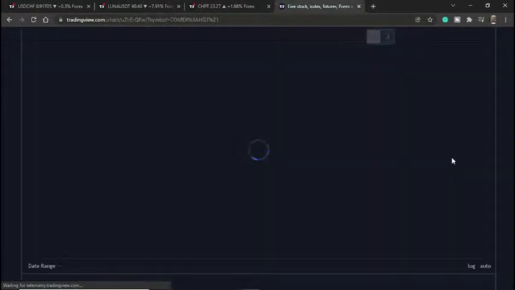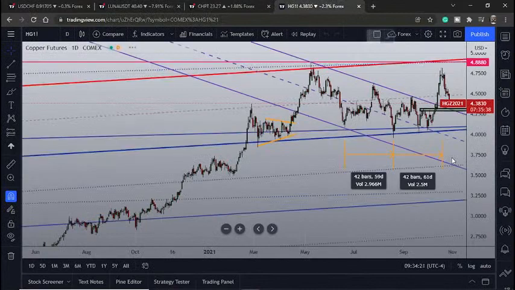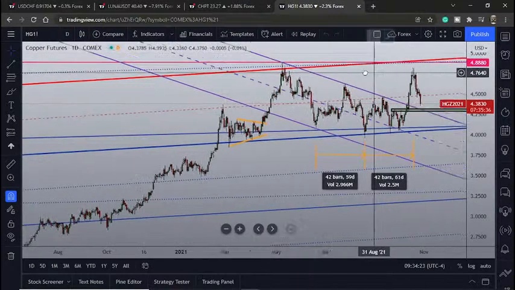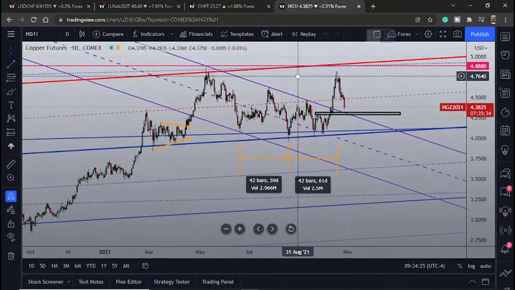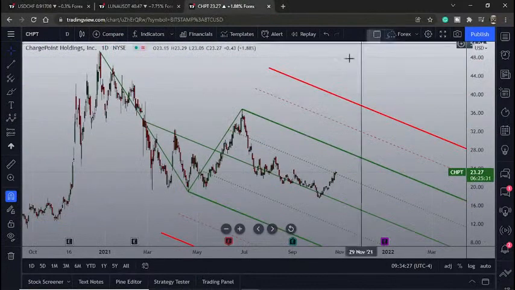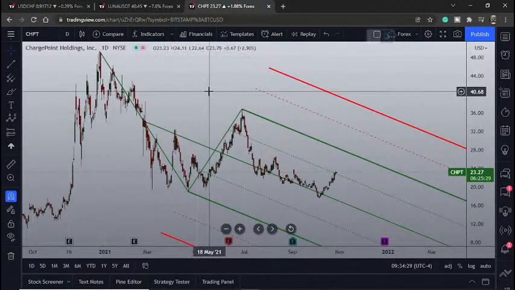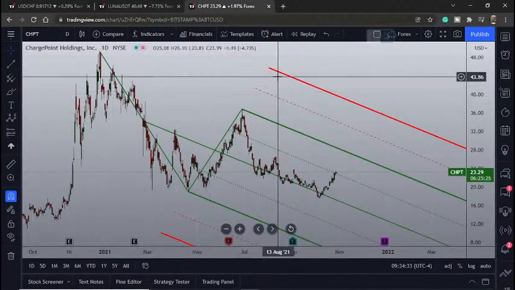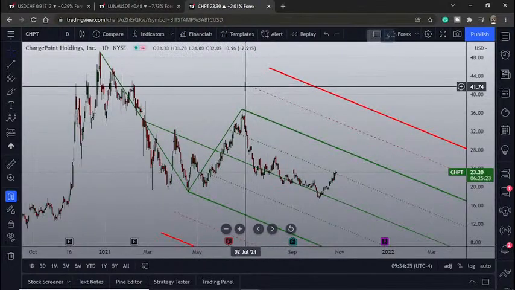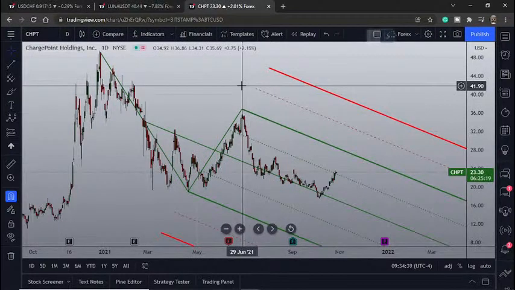Hopefully I've saved this. No, I didn't save it. Anyway, I'll show you that at some other stage. Trying to find the operating angle within a market. A market that's been trading for quite a while could actually be controlled by angular support and resistance for a very long time into the future.